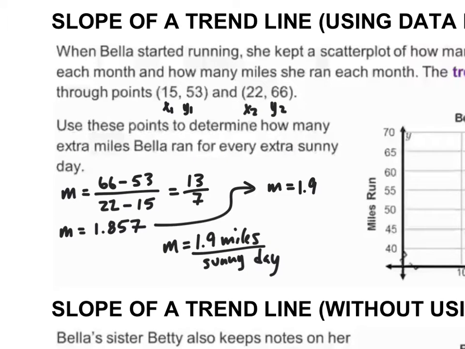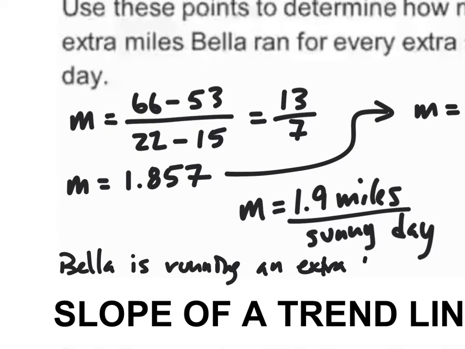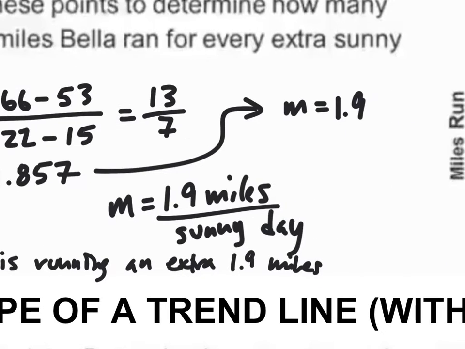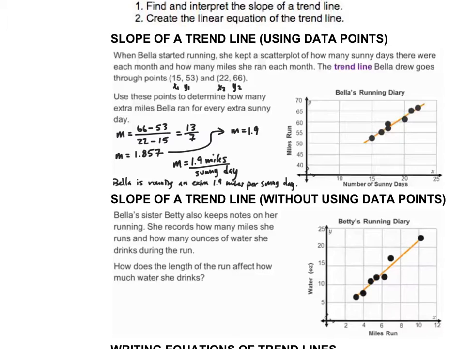So as you have more sunny days, Bella is running an extra 1.9 miles per sunny day. So let's write that down. So Bella is running an extra 1.9 miles on a sunny day, per sunny day. Okay, and that's it.